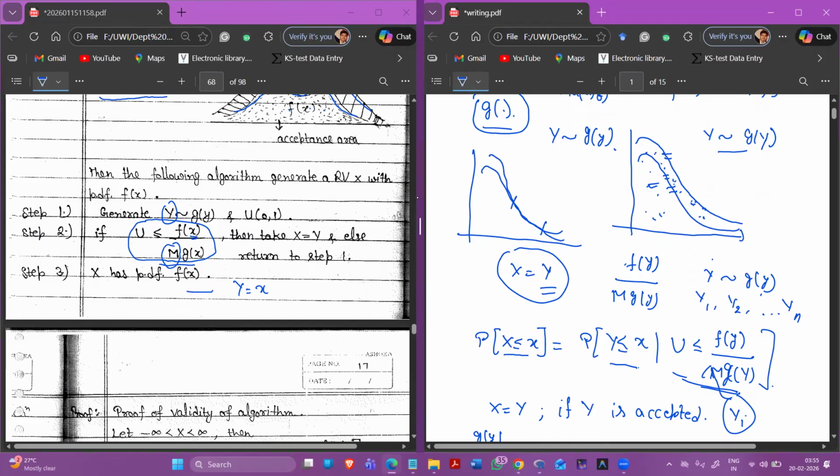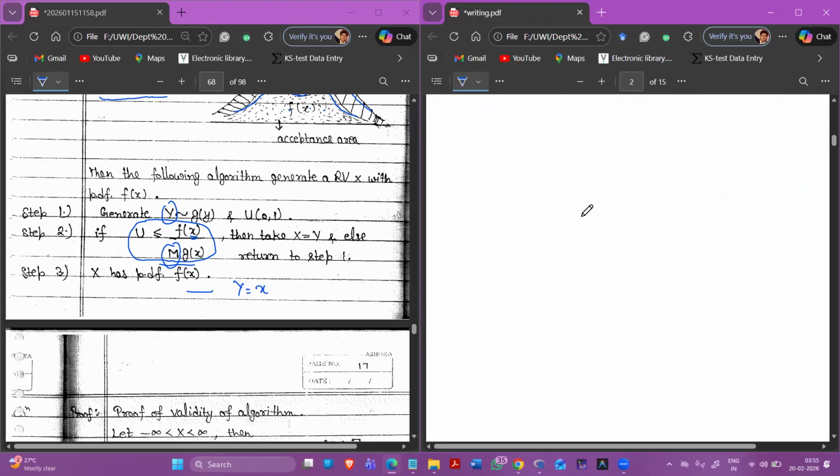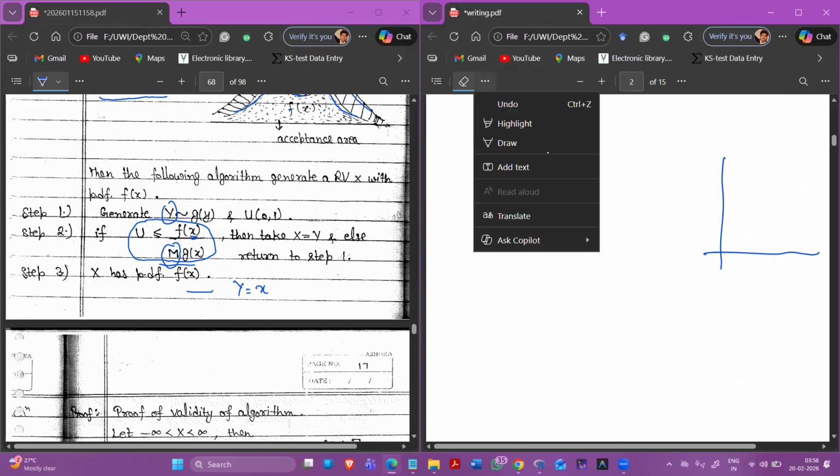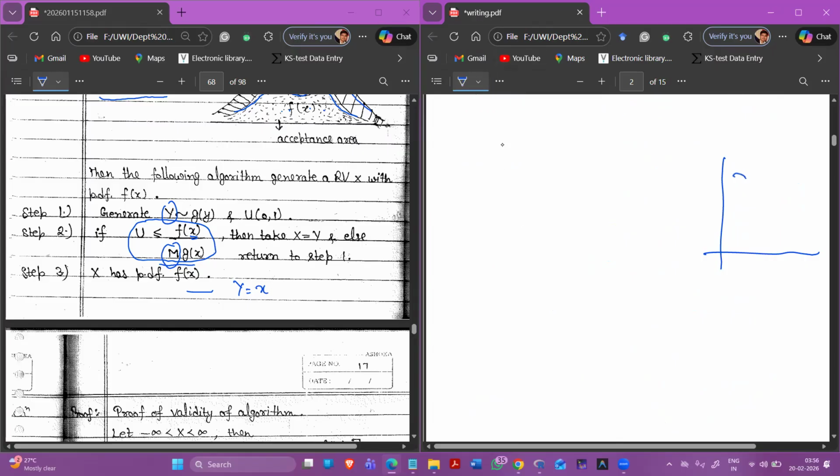If I generate the values of y from gy, will they overlap all the values, or will all the values lie here only? This is my distribution, and I am having one density function.